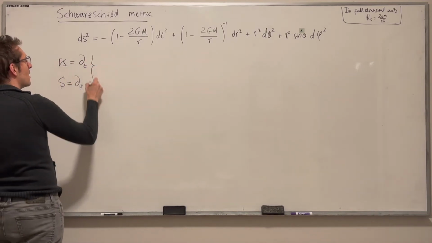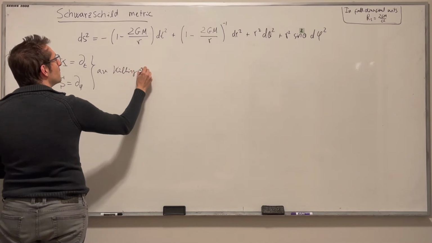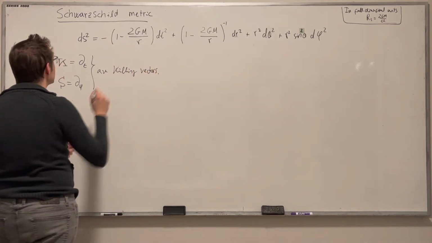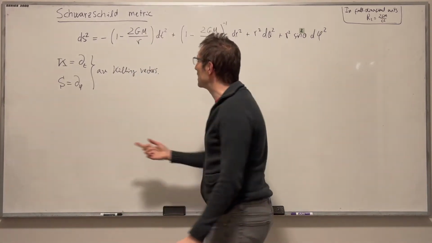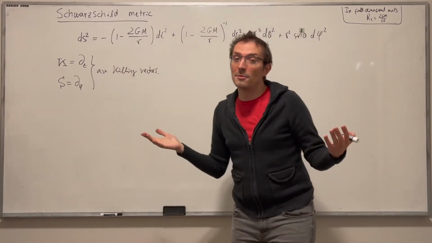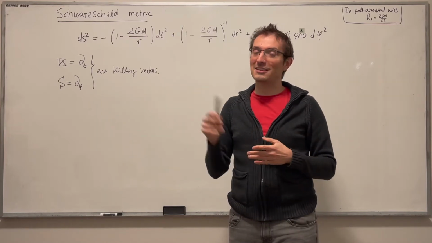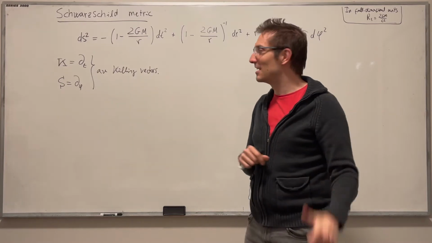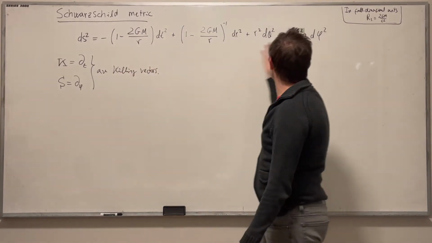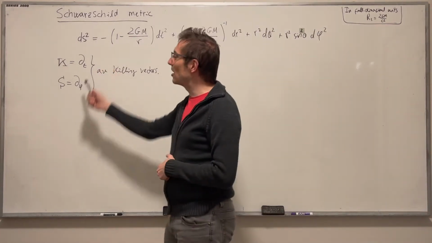These two things are Killing vector fields, Killing vectors. And this is super useful, and it will be super useful. They're isometries. If I do a time translation, nothing changes; obviously Birkhoff's theorem was for time translation invariant spacetime, right? So you have spherical symmetry and time translational invariance. And also phi does not show up, and that's related with the spherical symmetry. So these two vector fields are Killing fields.